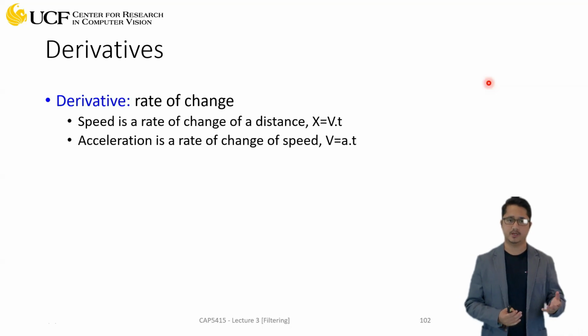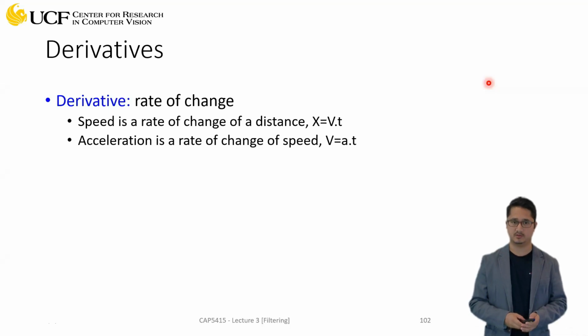And if you look at your day-to-day life, if you're driving a car, then if you compute the derivative of distance with respect to time, you will get speed. If you compute the derivative of speed with respect to time, you will get acceleration. So that's the real world interpretation.